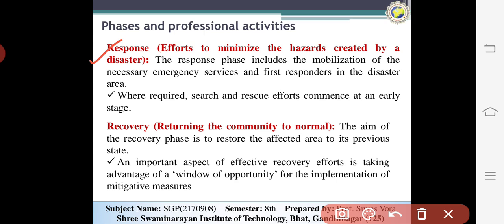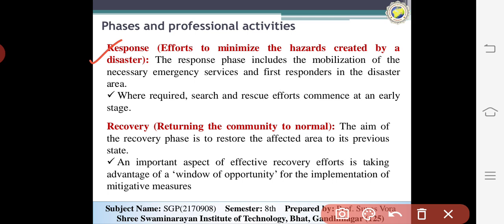Here rescue efforts commence at an early stage, so the response phase includes the mobilization of the necessary emergency services.